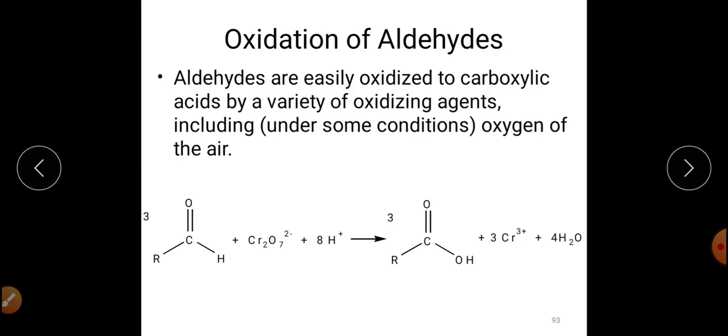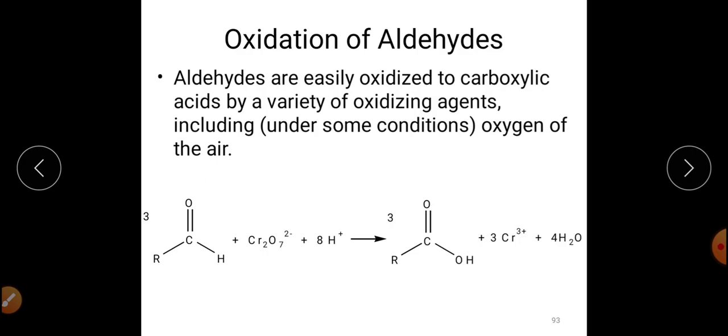Potassium dichromate in an acidified medium can also be used as an oxidizing agent for the oxidation of aldehydes. Other reagents that can be used are Tollens reagent, Fehling solution and Benedict solution.